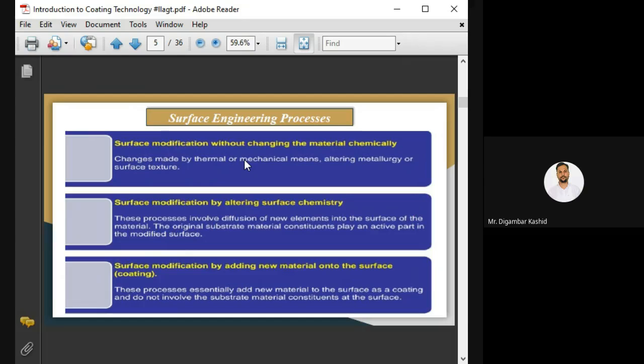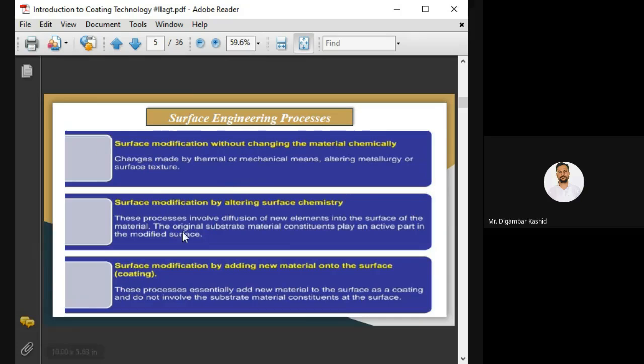In that, changes can be made by thermal or mechanical means, and also by altering the metallurgy or surface texture. So this is group one: surface modification without changing the metal chemically.